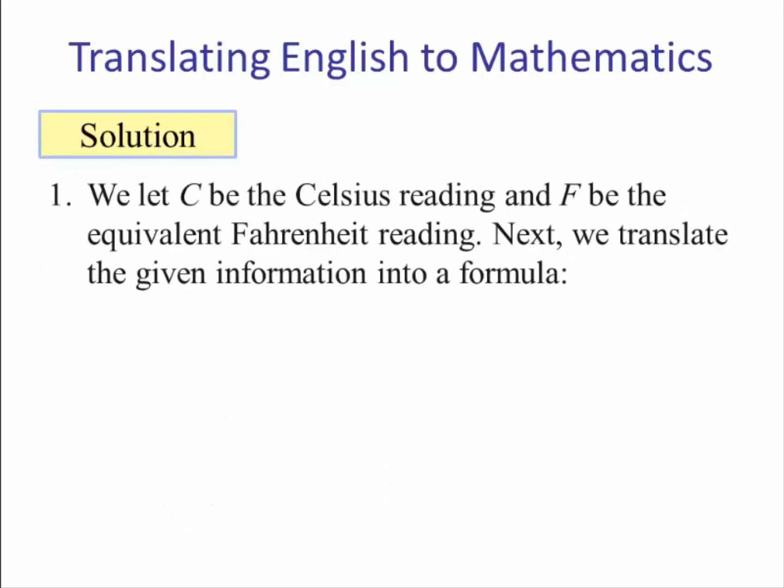The first thing we want to do is label our variables. C is the Celsius reading, F will be the Fahrenheit reading. Now we translate this information into a formula.